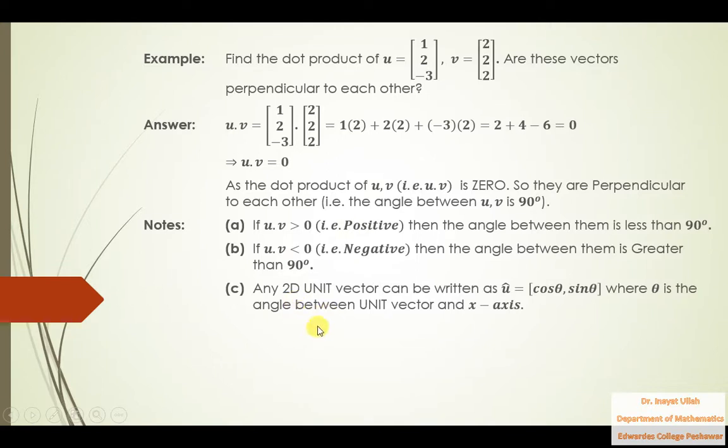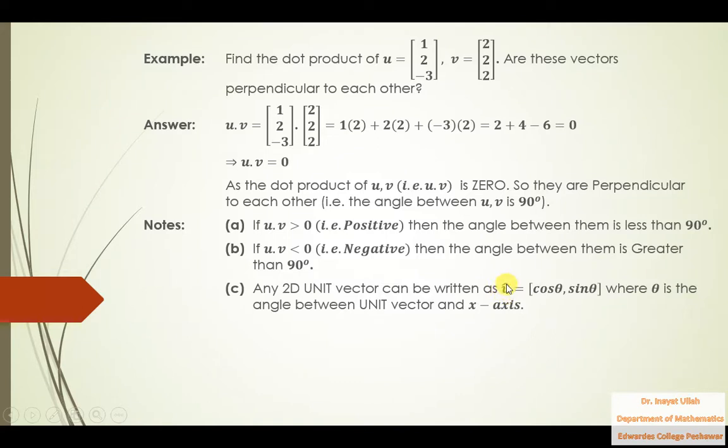And the third note is any 2D unit vector. 2D, that is the first thing, and unit, that is the second thing. So a 2D unit vector can be written as u cap. We have studied that a unit vector is denoted by putting a cap on a letter.